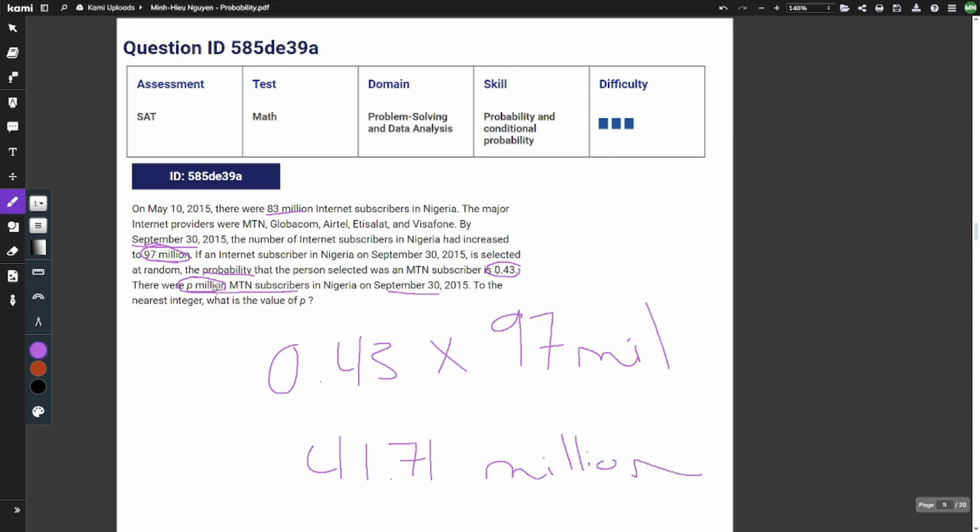Since they already included the million here, you don't need to multiply by 97 million. Then they asked to the nearest integer, so we're just gonna round that up into 42. So P is going to equal 42. Now be careful, do not put 42 million, because if you were to substitute 42 in here, that would be 42 million million. Whereas if you just had 42 by itself, it would be 42 million.